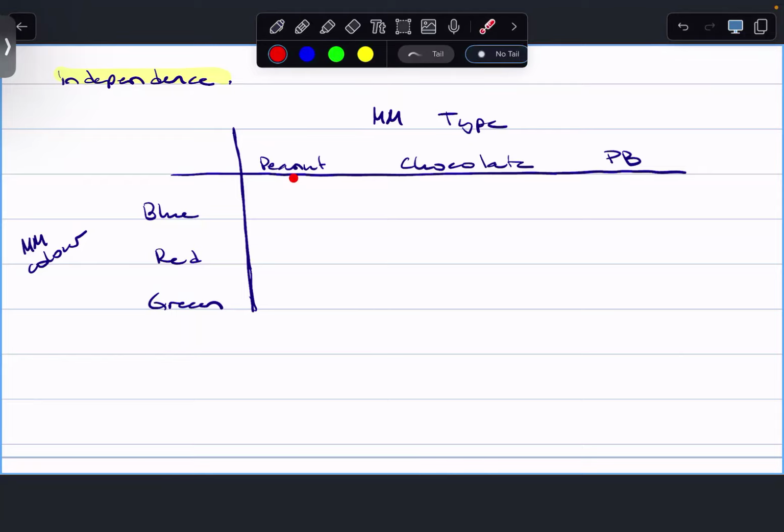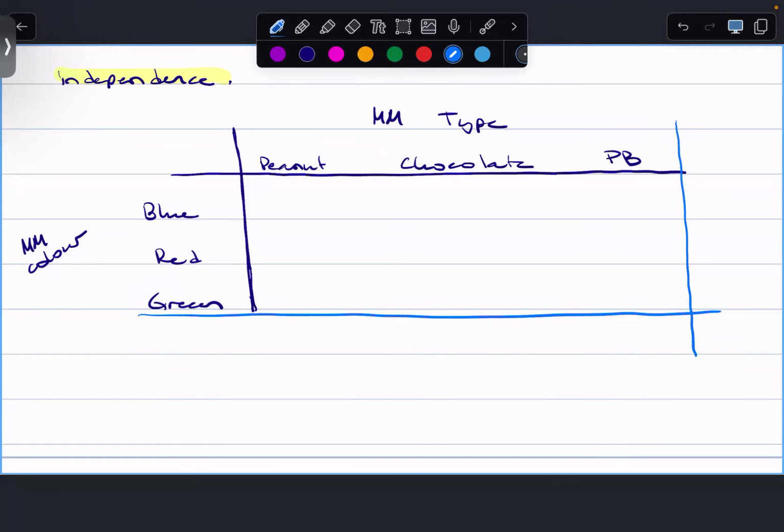And so what we can say is, okay, well, I can have a random sample of peanut M&Ms and I can find how many blues, reds, and greens there are. And I can have chocolate M&Ms and find how many blue, reds, and greens there are. And same thing with the peanut butter ones. And then I'm going to have row totals and column totals.